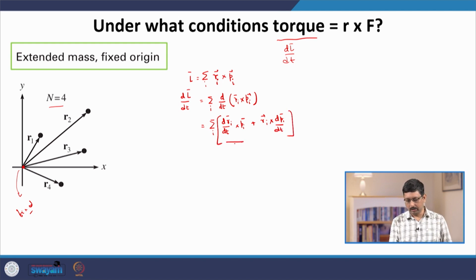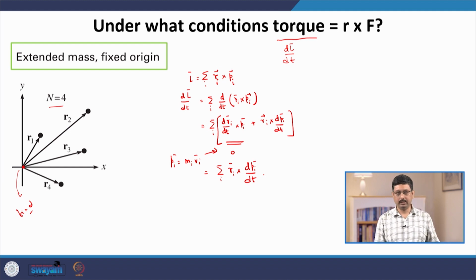As before, this term will always be 0, because p_i is m_i times v_i. So far it seems like it is the same algebra as the case of a single point mass.